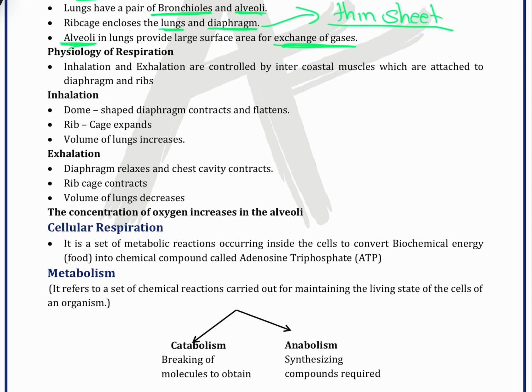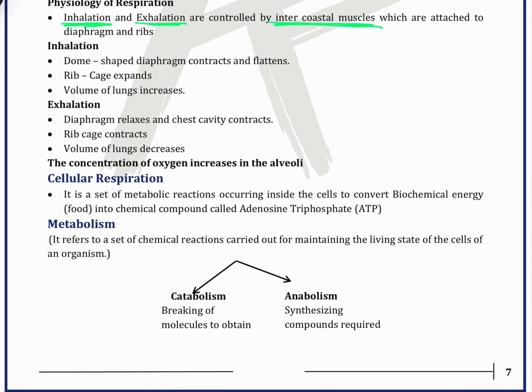Then comes the physiology of respiration. Inhalation and exhalation are controlled by intercostal muscles. This is a very important muscle. The intercostal muscles are attached to the diaphragm and ribs.